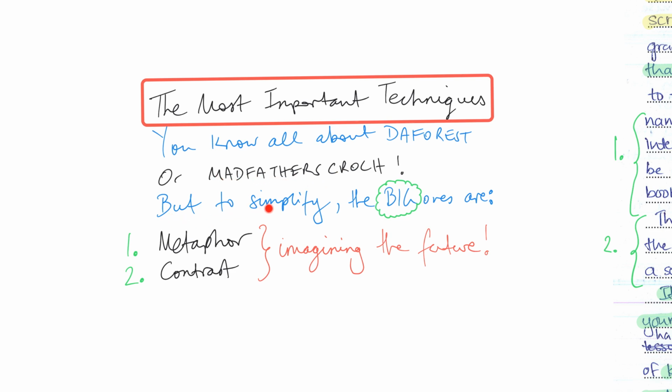But actually I'm just simplifying that down to the big ones here, which are metaphor and contrast. If you can master these two techniques, you're automatically getting grade 7 and above. These are, if you like, the ones that mark the difference between an ordinary writer and a brilliant writer.